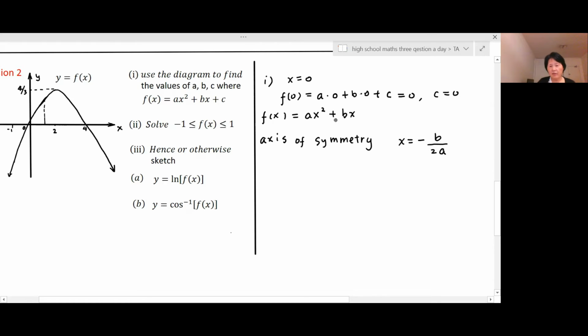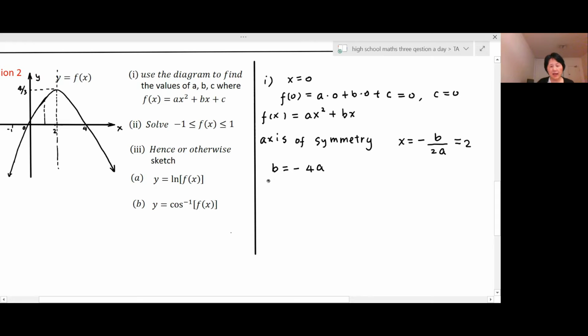The axis of symmetry will always be equal to the x coefficient divided by the x squared coefficient, then put a minus. This time for the axis of symmetry we already know x equals 2, so I make this equal to 2, because you can see that the axis of symmetry is where x equals 2. So from here I can see b must equal minus 4a.